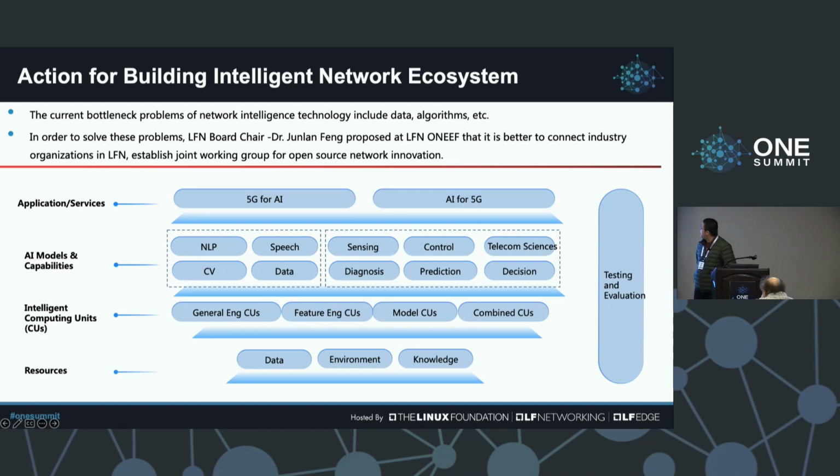The first layer is very hot topics like 5G for AI and AI for 5G. The second layer is the AI models and capabilities. In this layer, we have CV, computer vision, NLP, speech, and sensing, all kinds of AI models.